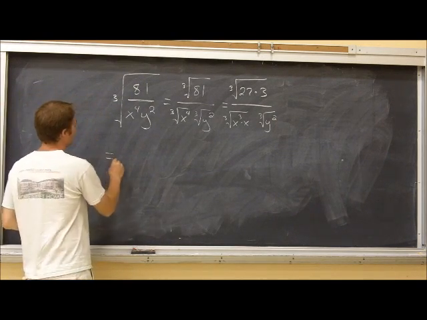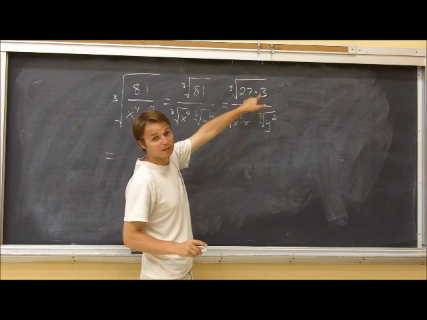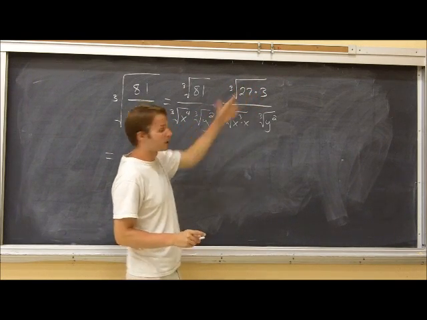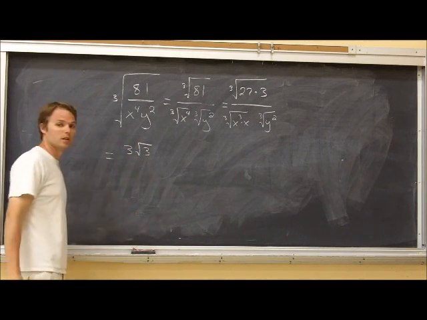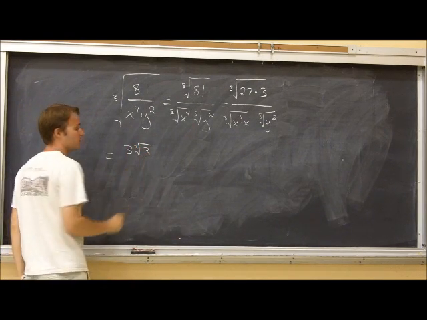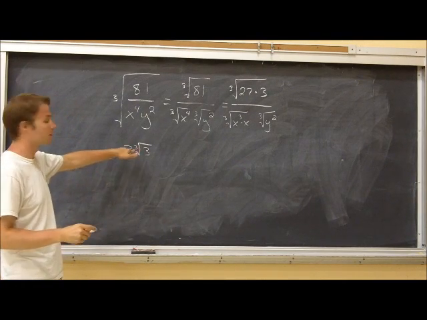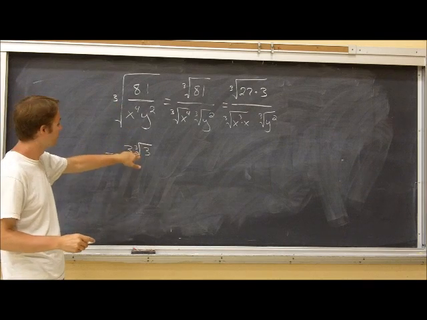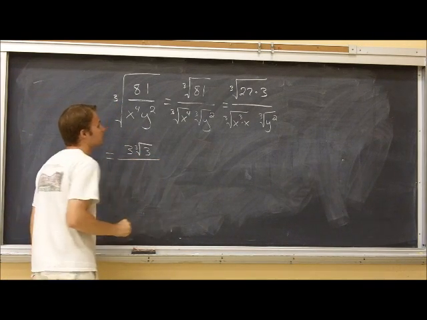Well, this cubed root will also distribute over 27 and 3, so the cubed root of 27 is just 3, and then I'm left with the cubed root of 3, which can't be simplified. We don't know exactly what it is, so we're just going to leave it in this form, which is a very exact way of writing it. We're not going to estimate it with a calculator or anything like that.